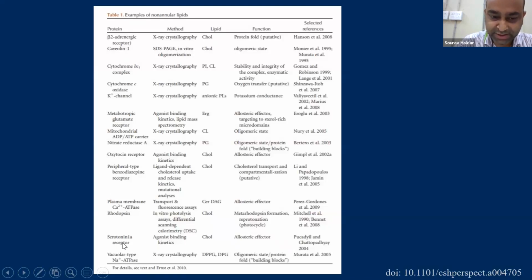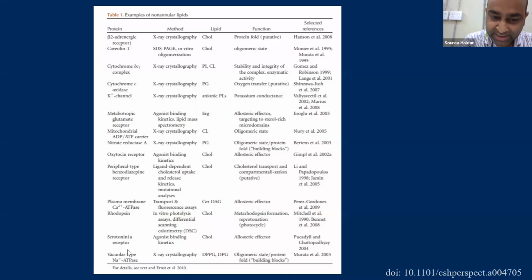For example, for the serotonin 1 receptor, cholesterol is an allosteric modulator, and it was found by purely biochemical methods, so no spectroscopic or crystallographic methods. Later it was proved when the serotonin 1A receptor structure came out.